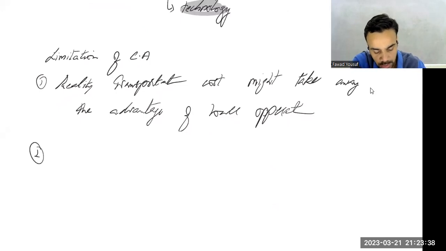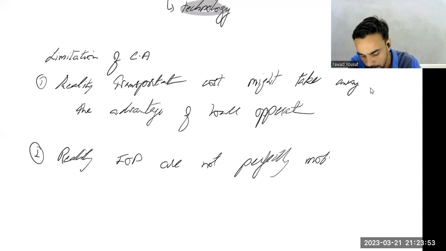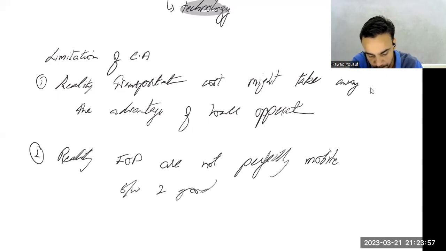Like for example, there is an assumption that factors are perfectly mobile, but in reality, factors of production are not perfectly mobile between two goods, right? फिर तुम टैरिफ का भी ऐड करना चाहो तो टैरिफ का भी ऐड कर सकते हो.